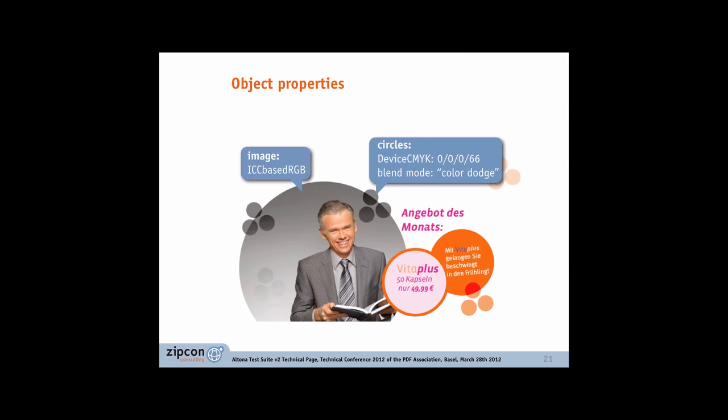To say it in clear definition, it's device CMYK, which happens to be just black, so no cyan, no magenta, no yellow, just 66% black in this case. And the blend mode that was taken is color dodge. It creates that effect you may see here. It depends on the background whether or not the circles are visible. So it's just an interesting effect the designer happens to choose.